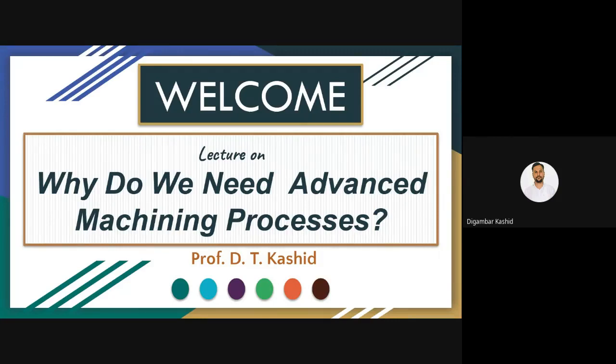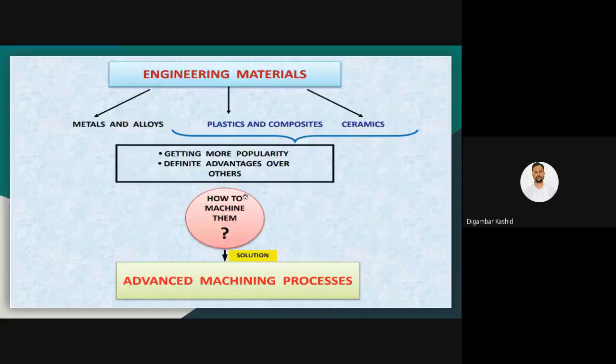You can take the example of metallurgy, the field of engineering materials, where a lot of research is going on. If we want to classify engineering materials, as shown in the slide, you can classify them into three categories.